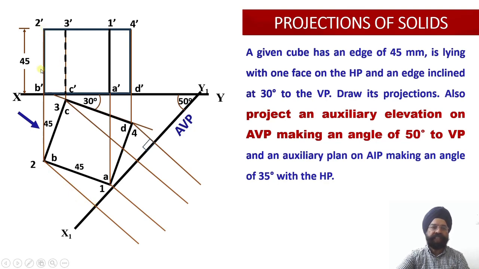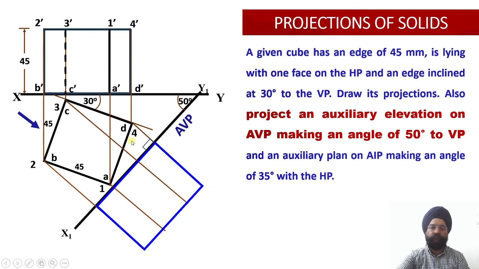So 2 dash distance from XY is again 45. So measure 45 millimeter from here. For 3, again the distance is 45 millimeter. And finally the point 4 dash will also be located at a distance of 45 millimeter.